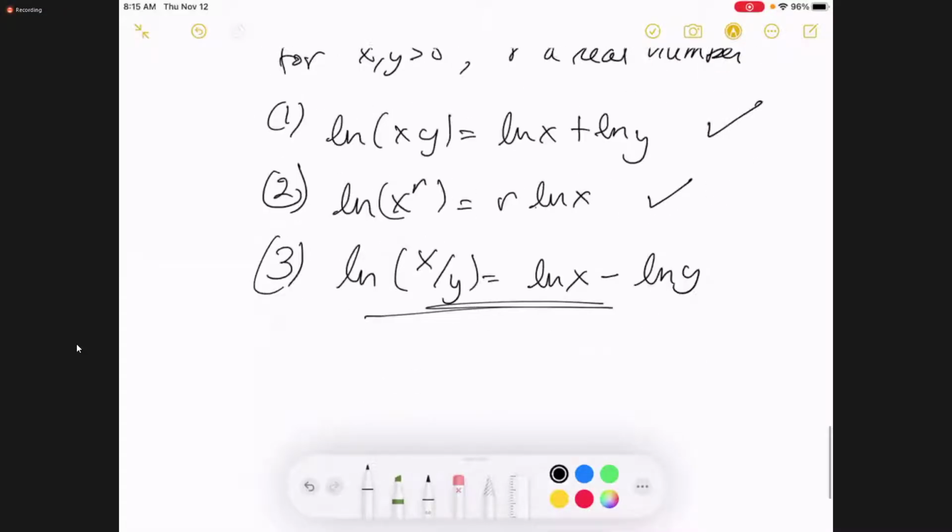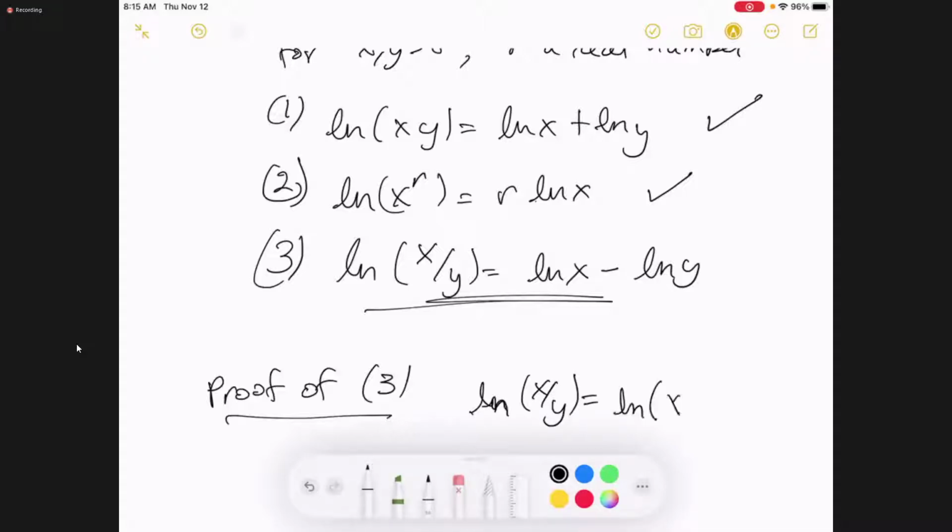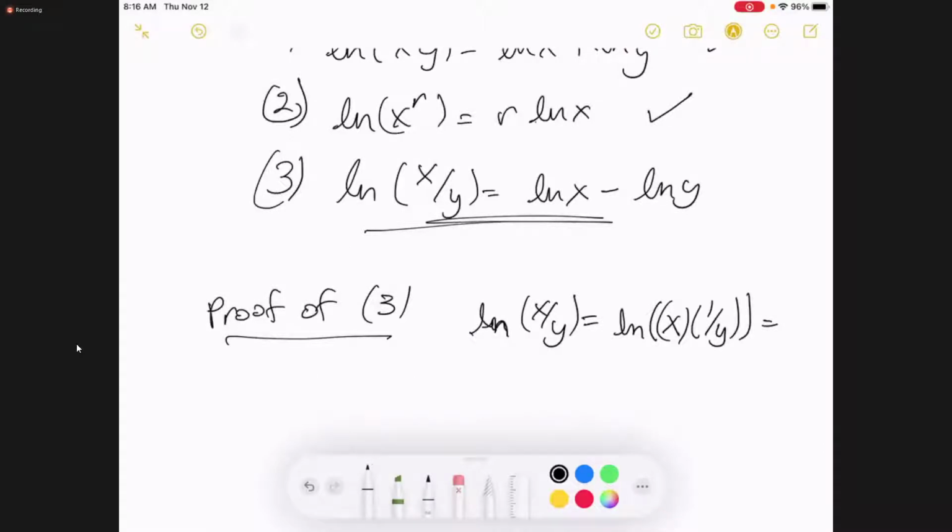Let me show you this last one. Well, ln of x over y is equal to ln of x times 1 over y. I can think of x over y as being a product of two numbers, x with 1 over y.